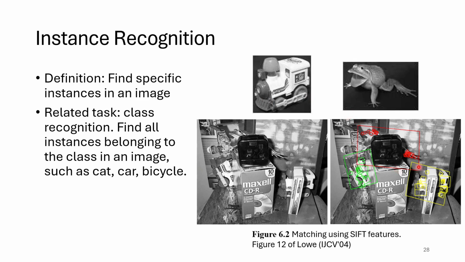You can see the frog's head and the frog's foot. Here you can see the first toy train, blocked by a book. And this is another toy train, partially obscured. So it means find the instance in the image.